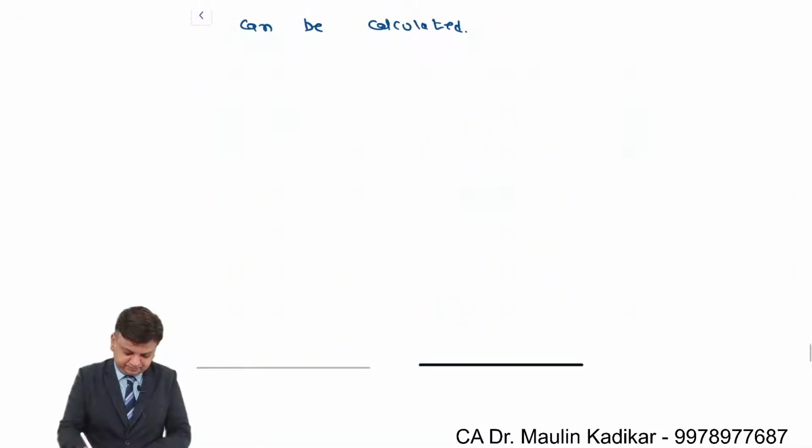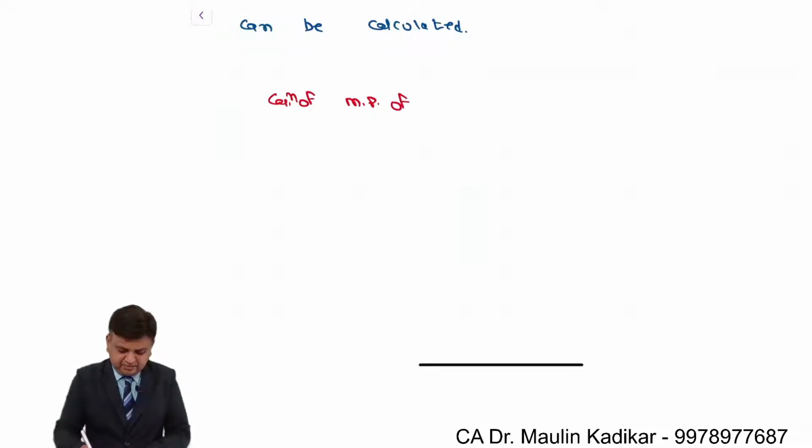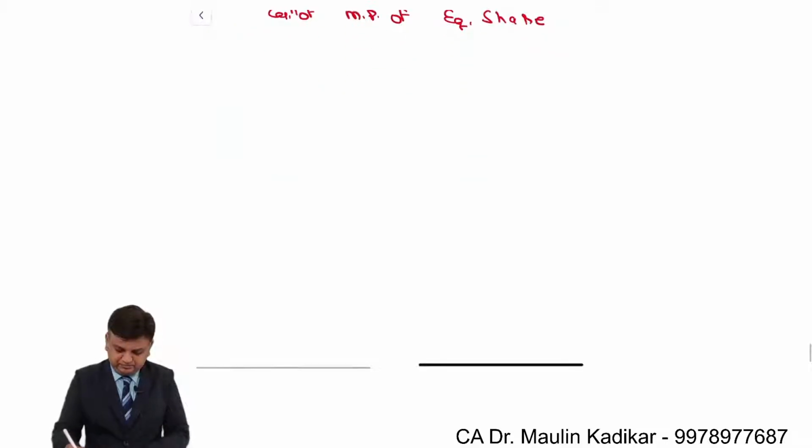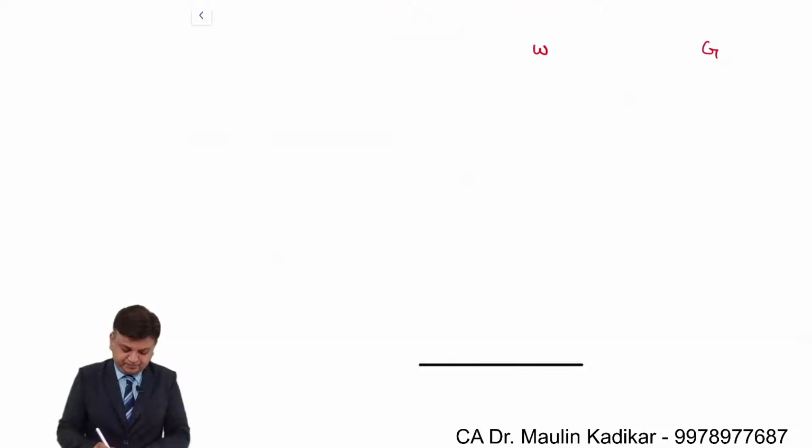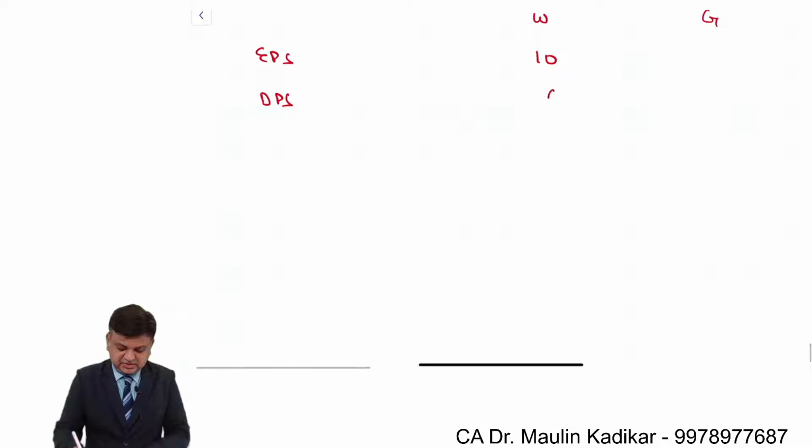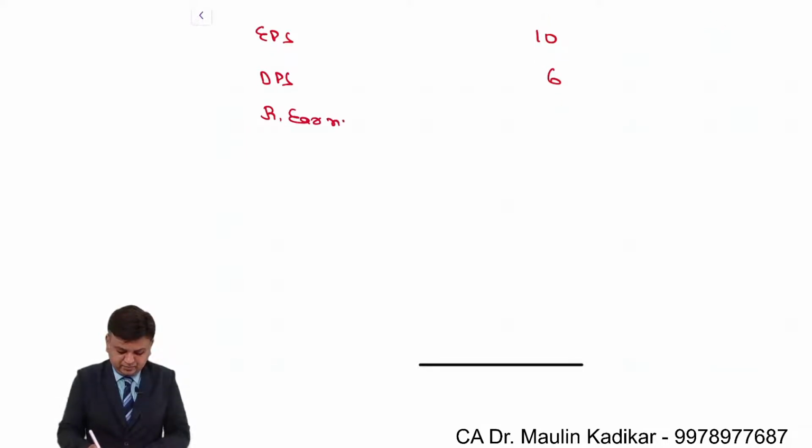Heading right now, calculation of market price of equity share using Walter model and using Gordon model. Earning per share is 10, dividend per share is 6, so retained earning is 4.